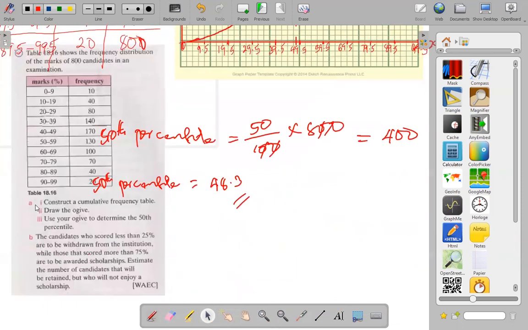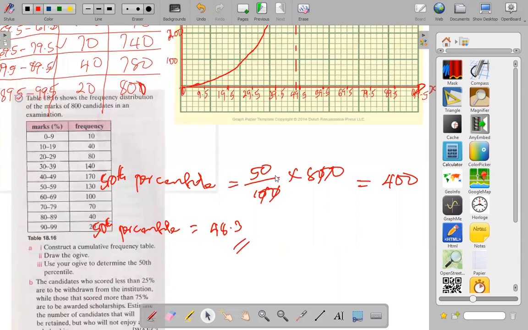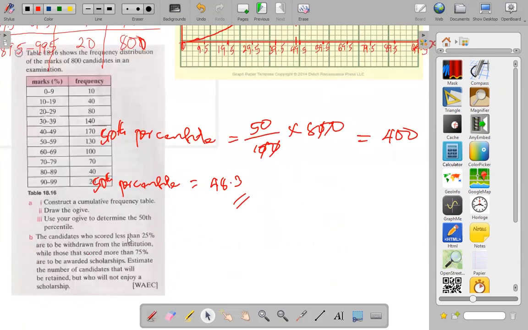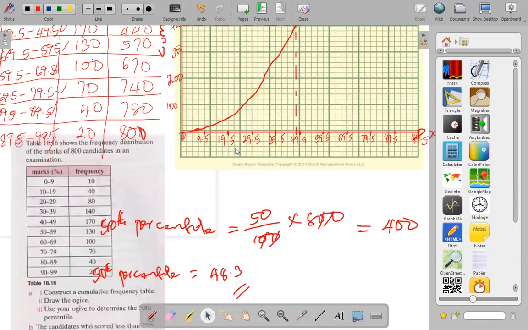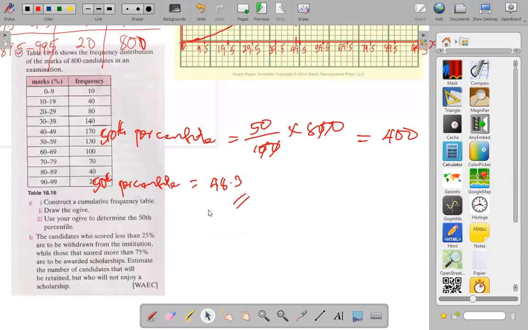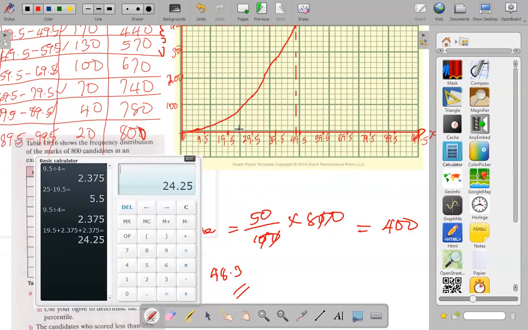So on the x-axis we will locate 25% or anything close to it. They say less than 25%, so I'm going to assume my 25% is right here.